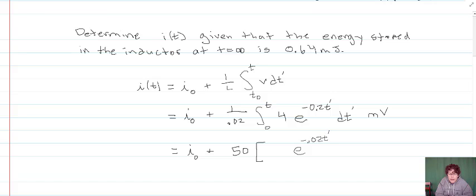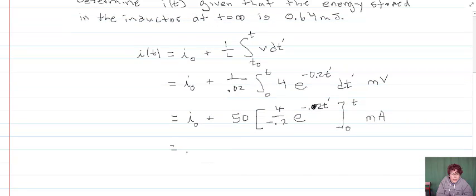And if it's a constant times the variable, then the integral is going to be this same exponential function divided by that constant. So divided by 0.2, and we're going to evaluate that from 0 to t, and since this is millivolts, this is going to be in milliamps.